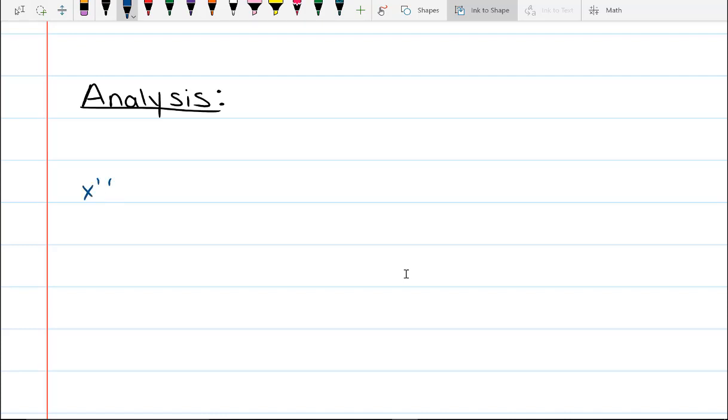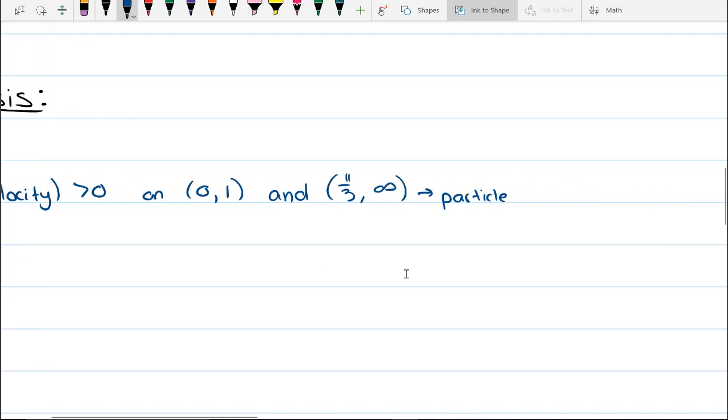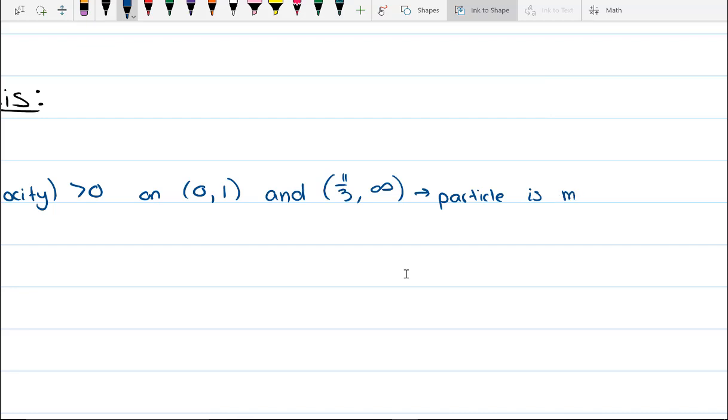When x prime of t, the velocity, is greater than 0 on the intervals (0, 1) and (11/3, infinity), this means the particle is moving right.